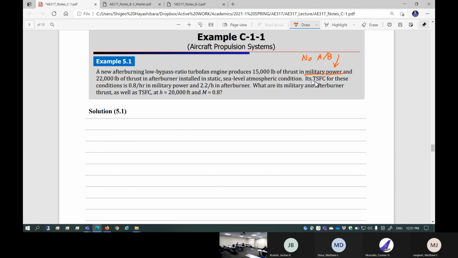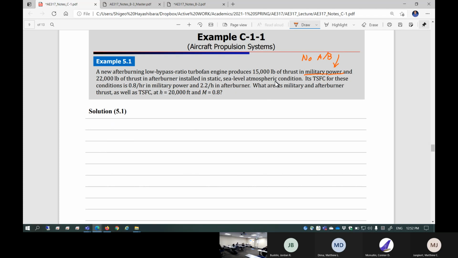Okay, 22,000 pounds of thrust in afterburner, installed in static sea-level atmospheric conditions. So 15,000 pounds without afterburner, 22,000 pounds of thrust in afterburner. Its TSFC for these conditions is 0.8 per hour in military power and 2.2 per hour in afterburner.